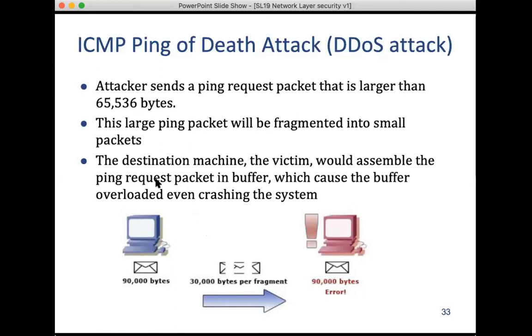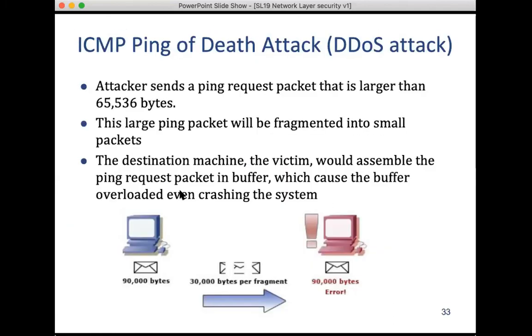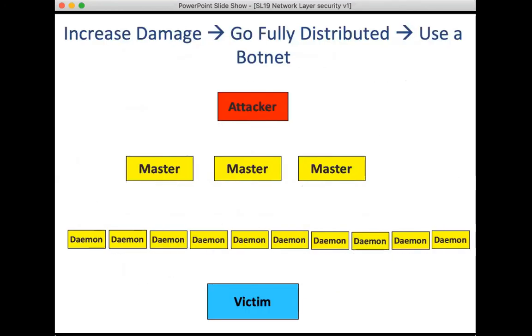The destination machine, which is the victim now, will reassemble these ping packets, and in order to reassemble them, it will put the pieces into a buffer, which will be overloaded and will cause a crash. This is a very, very interesting attack, right? It happened recently. All right, so these are the 3 attacks based on ICMP.